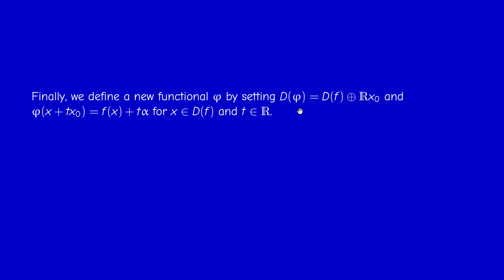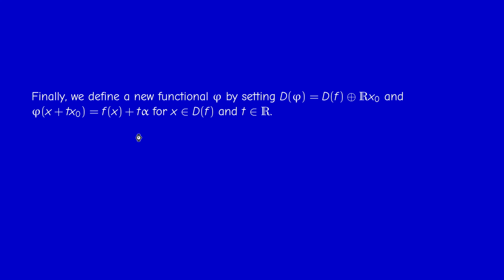So how to define phi? Any element in df plus Rx0 can be written as x plus an element of the form tx0. So we put phi of x plus tx0 is f of x plus t alpha. So it's very easy to check that phi that we define in this way is linear. And it's an extension of f, because when t equals 0, I get phi of x equal f of x.